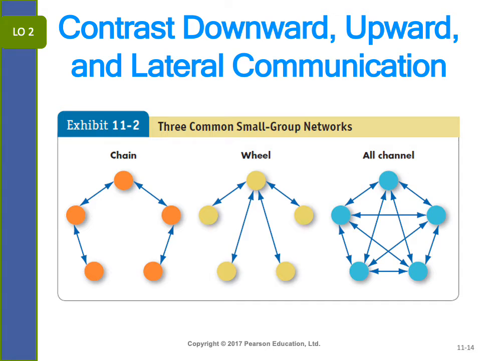We have chain, we have wheel, we have all channel. For Atma Jaya, we have this chain kind of network. So the director will give some information to the dean, and the dean will inform other members of the organization. That's how Atma Jaya works.